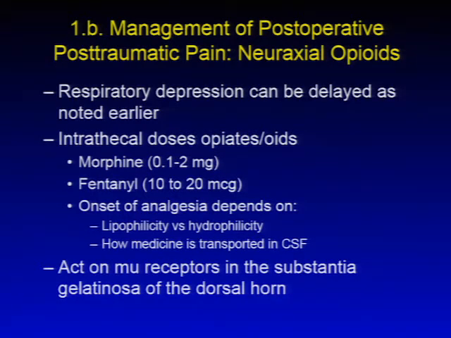For example, typical morphine doses include 0.1 to 0.2 milligrams, and 10 to 20 micrograms of fentanyl. It's important to realize which medicines may be lipophilic or hydrophilic, as the onset of analgesia will depend on this. It is thought that neuraxial opioids exert their mechanism of action on the mu receptors in the substantia gelatinosa of the dorsal horn.